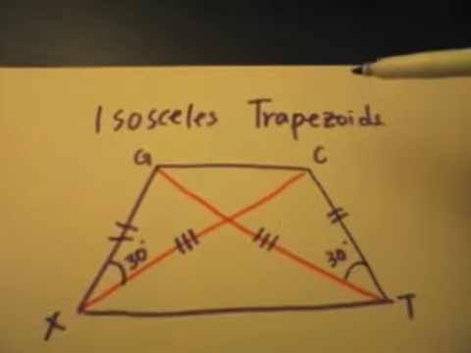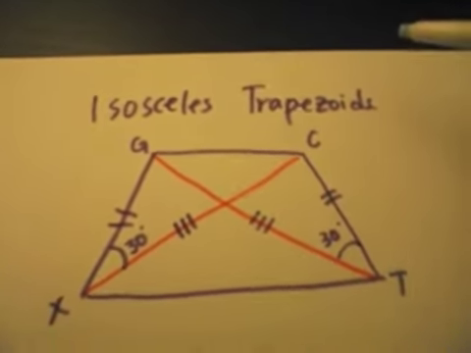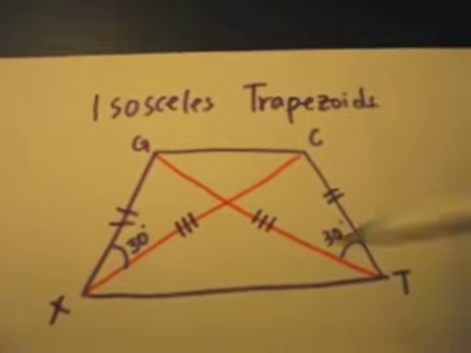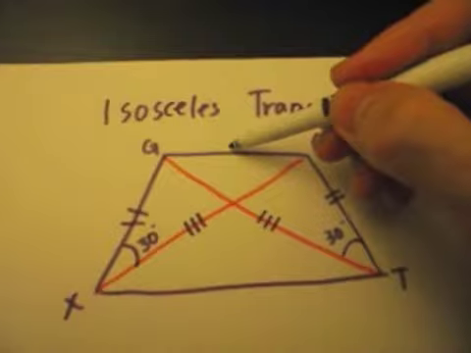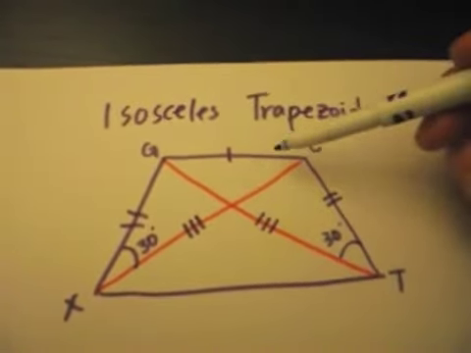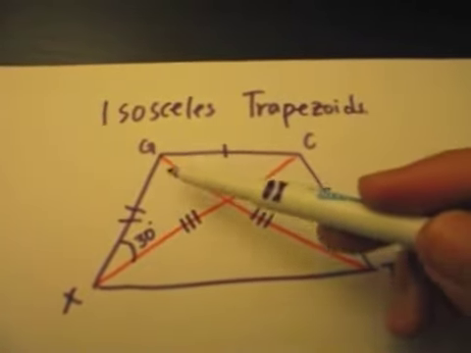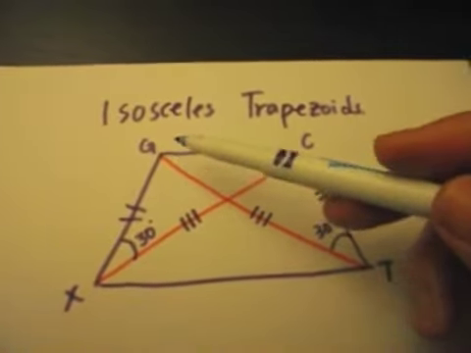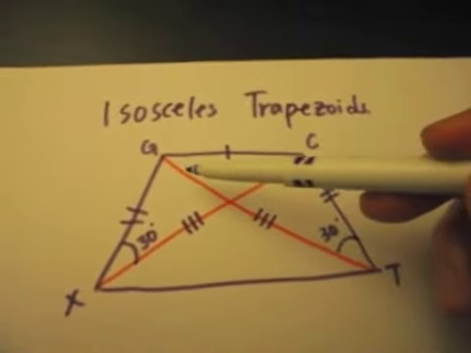And the reason or how we came to that conclusion was by using a number of cool properties that we've learned in the past. We mentioned something about the reflexive property. GC is congruent to itself because of the reflexive property, and we mentioned the triangle congruent shortcuts.